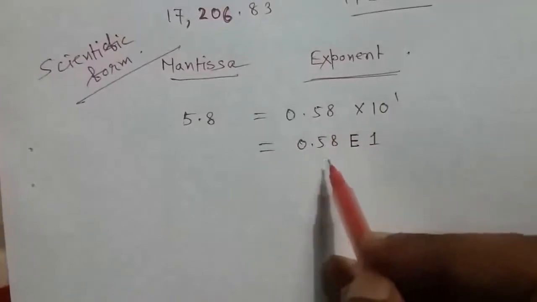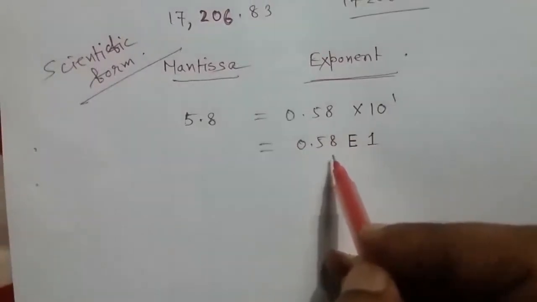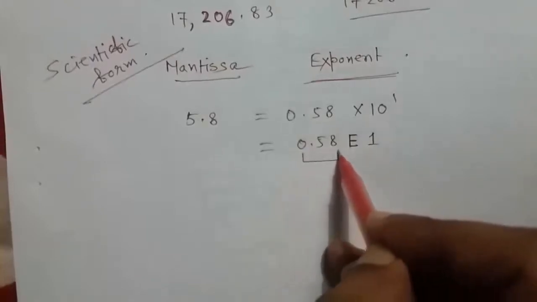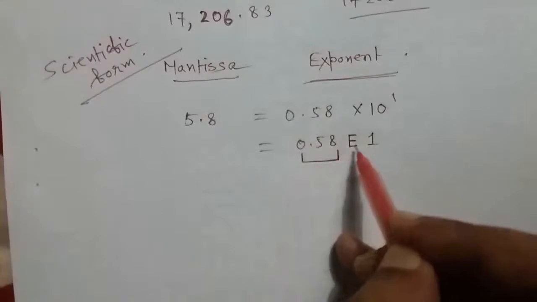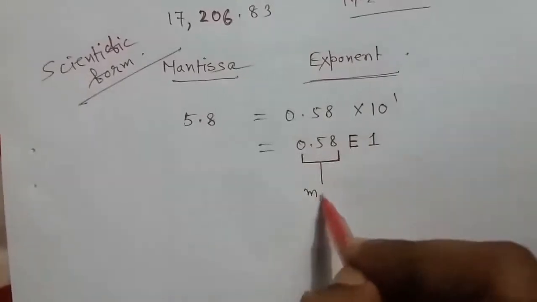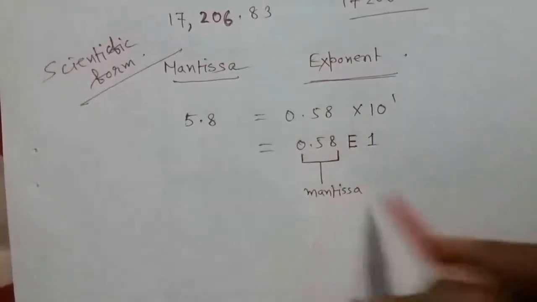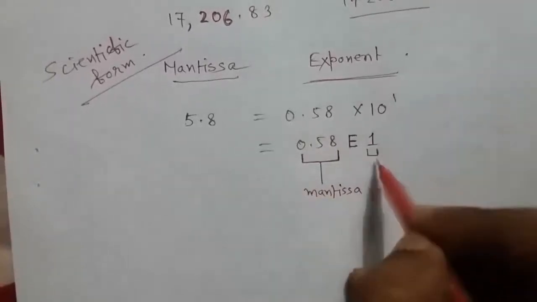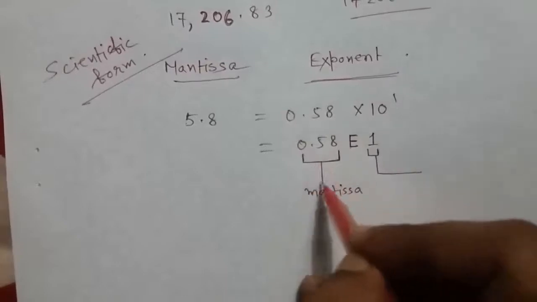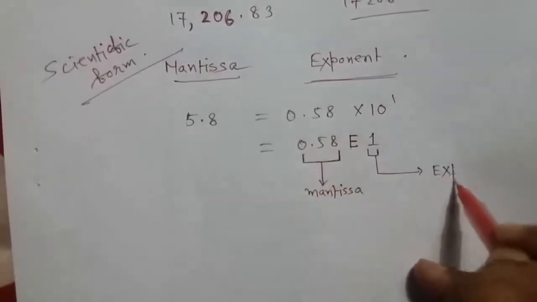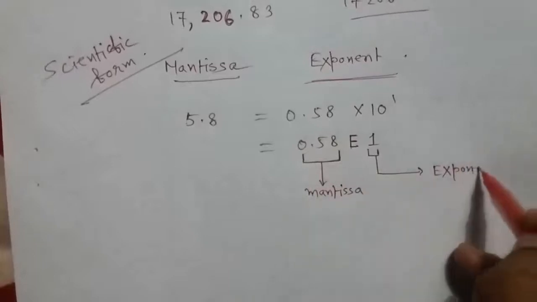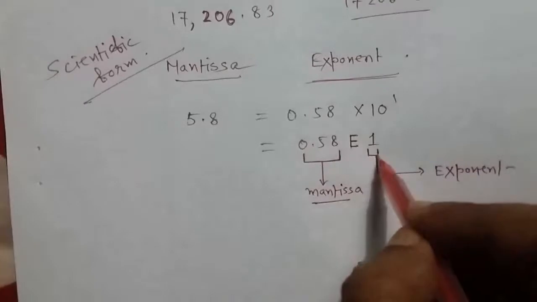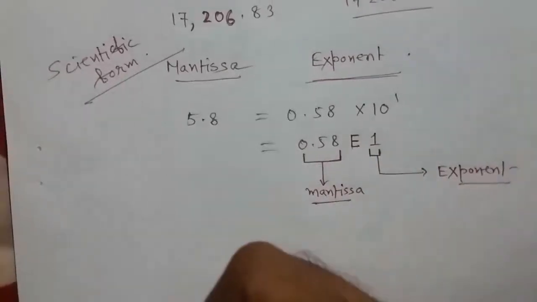The part of the scientific form that appears before e is known as mantissa, and the part that appears after e is known as exponent.